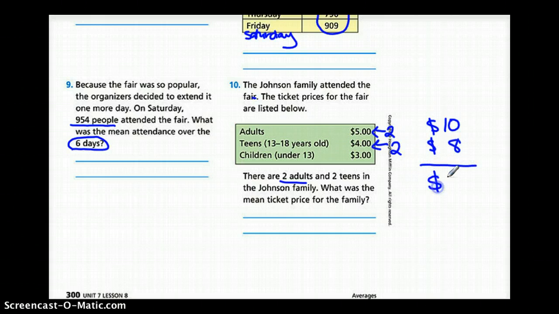That's a total of $18. How many tickets did you buy? That's 1, 2, 3, 4. So then you're going to divide by 4. Remember when you divide that you need to do 18.00 divided by 4.